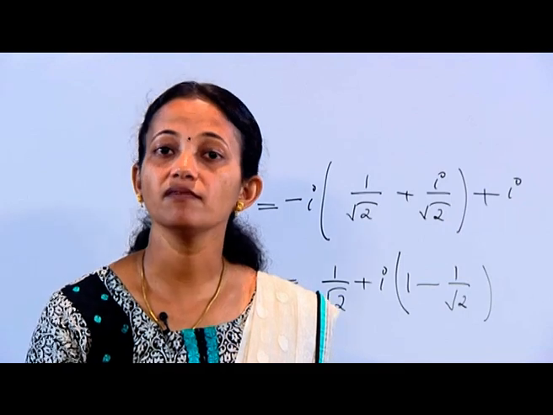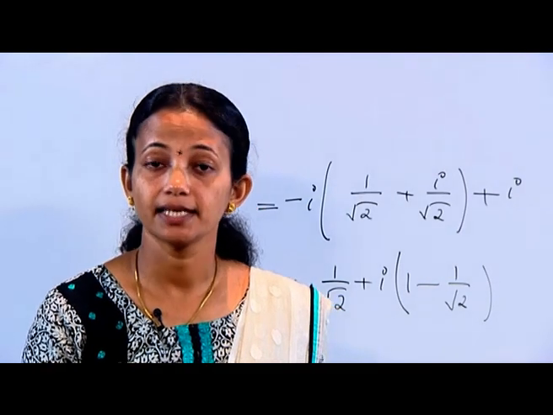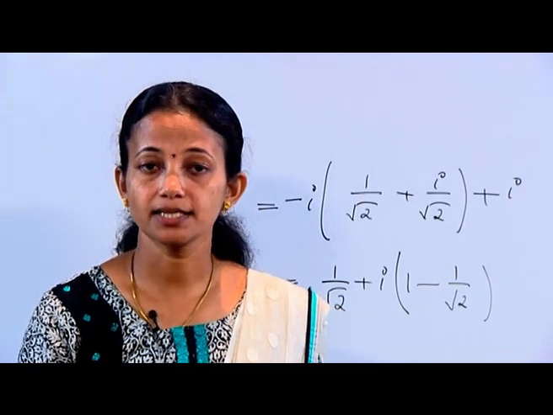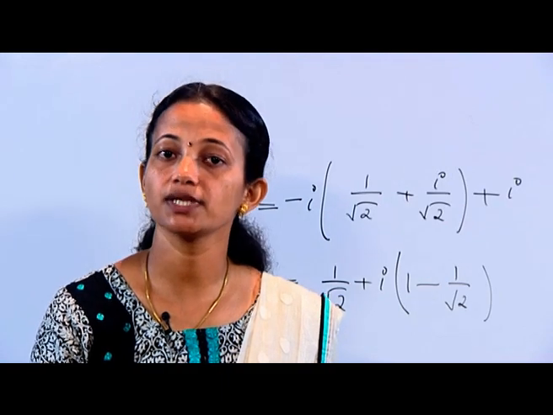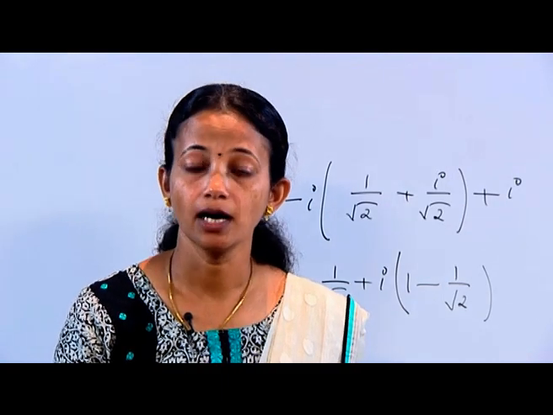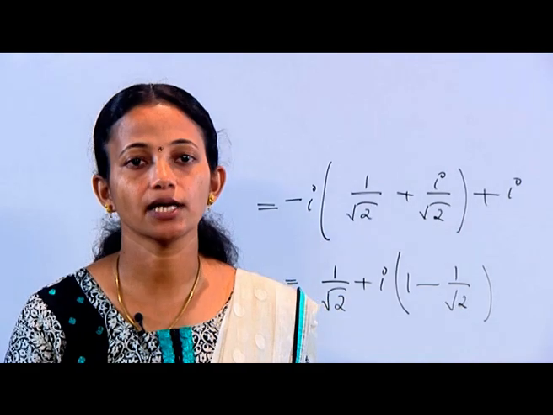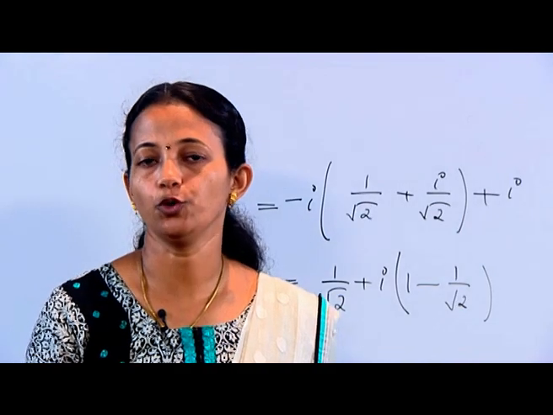Next, we have that the mean value theorem for integrals does not hold. Consider the function W of t is equal to e raised to i t on the interval 0 less than or equal to t less than or equal to 2 pi.